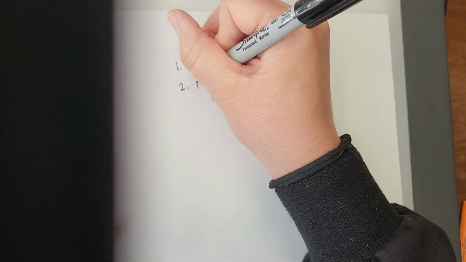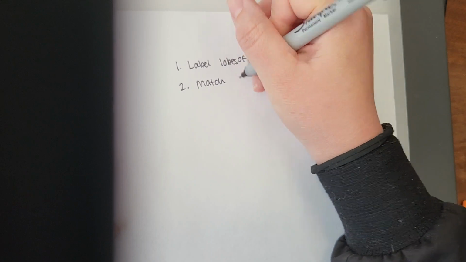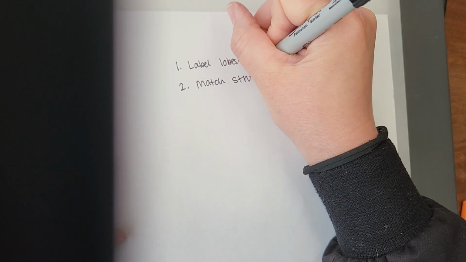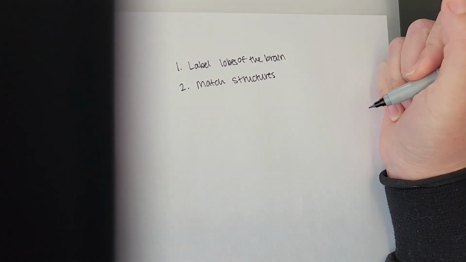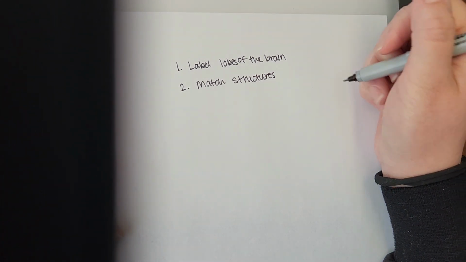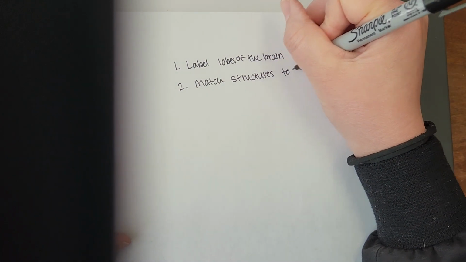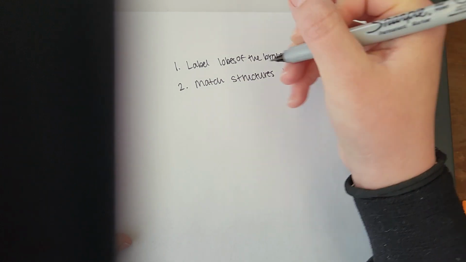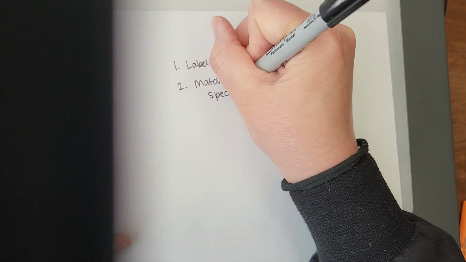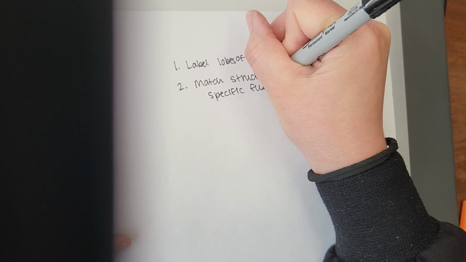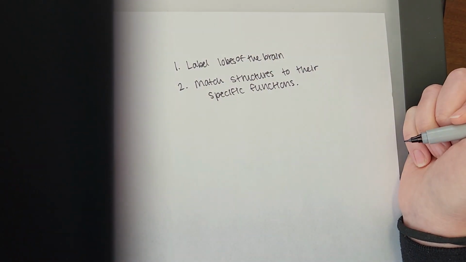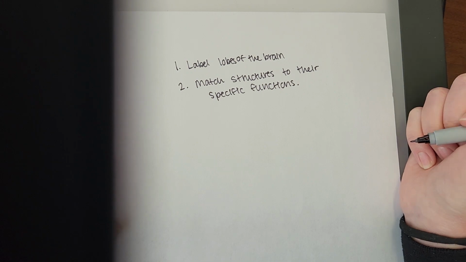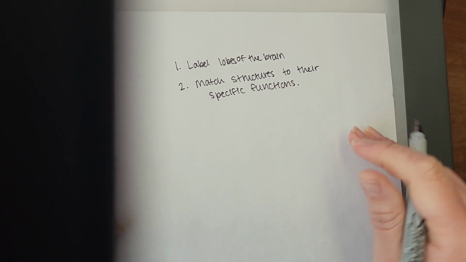I want you to be able to match certain structures that we talked about, for example, Broca's area, Wernicke's area, the motor strip, to their specific functions. I will also upload an example of that to Canvas so that you can practice that at home.